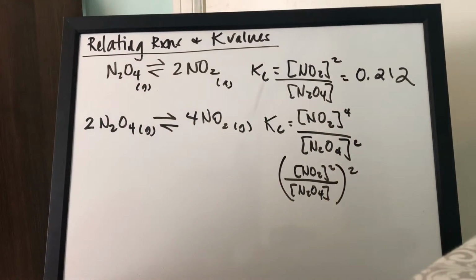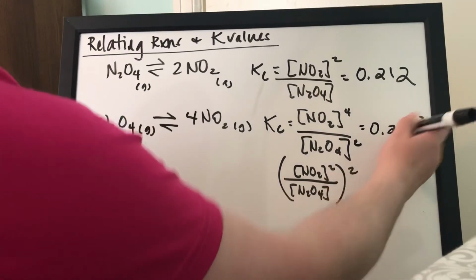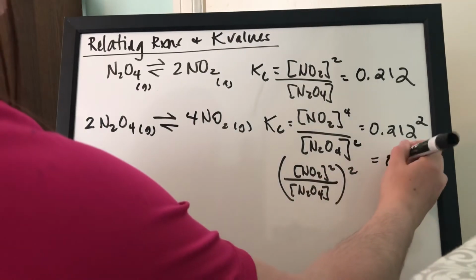Technically. Okay, so that's the same thing. So what is going to happen to Kc in this case is it's going to become squared. It's going to be the square of the original Kc for this reaction. So to get this, I would take my 0.212 and I would square that value to get the new Kc value for this. Turns out to be something like 0.449.